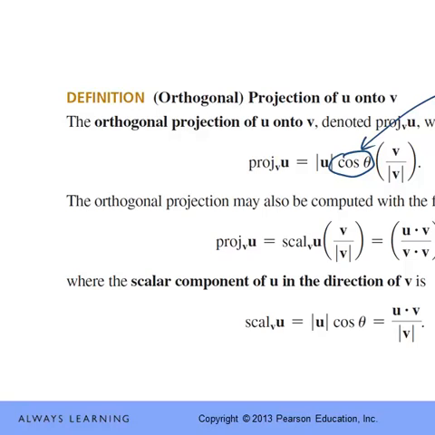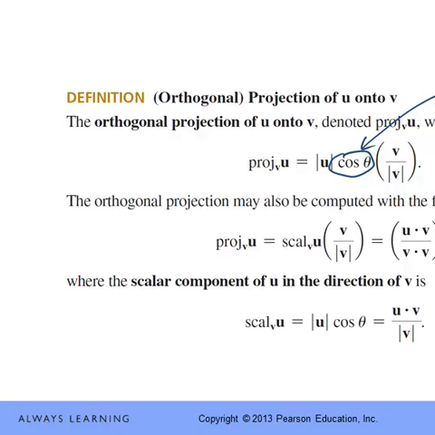So imagine that in this calculation right here, the magnitude u's will cancel, and then you'll have magnitude v together with this magnitude v squared, which is the same thing as v dot v. And here's your u dot v that you see right there, and then times vector v.